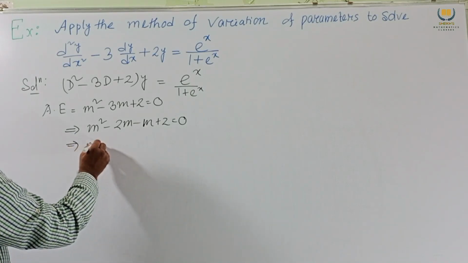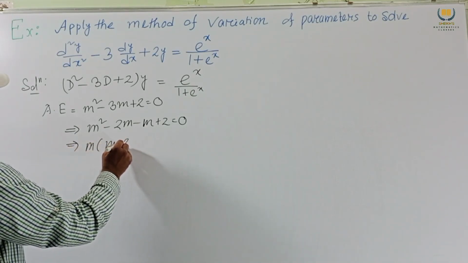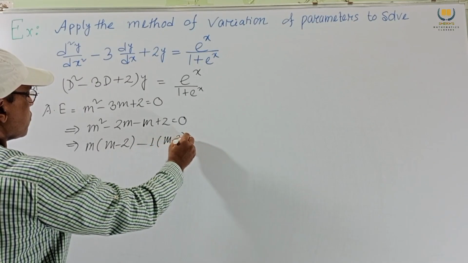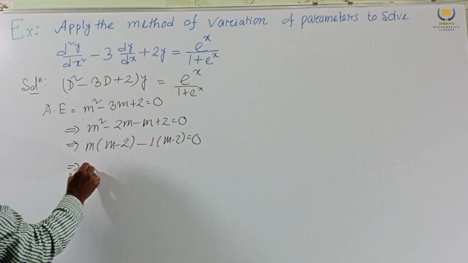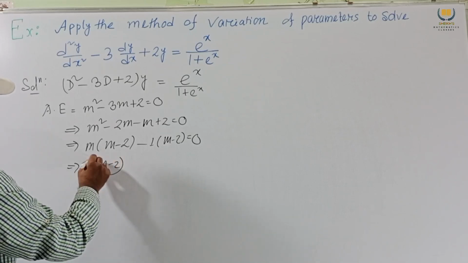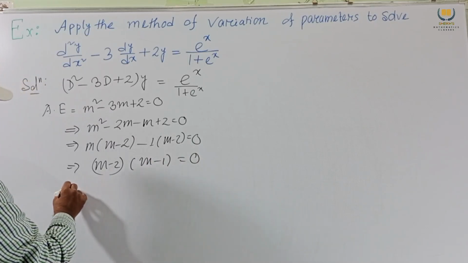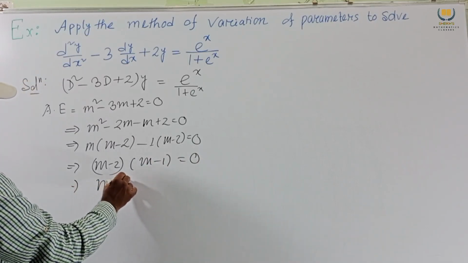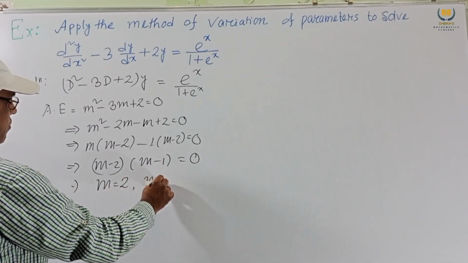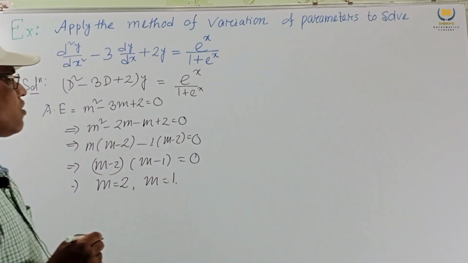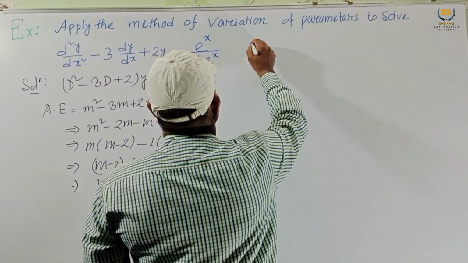Then m common, we get m minus 2, minus 1 common, m minus 2 equal to 0. Then (m minus 2)(m minus 1) equal to 0, and this implies m equal to 2, m equal to 1. Now we have to write the complementary function.